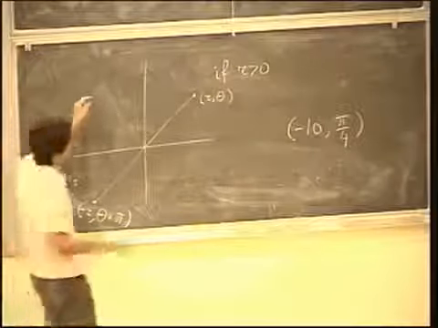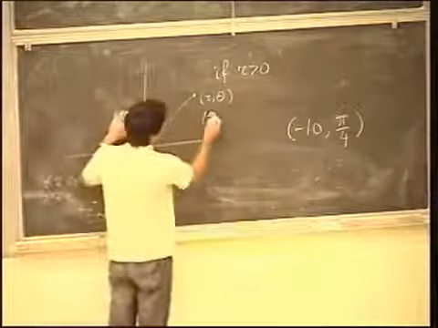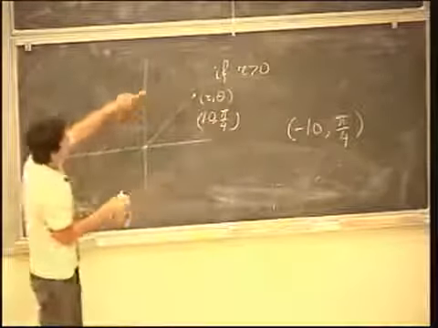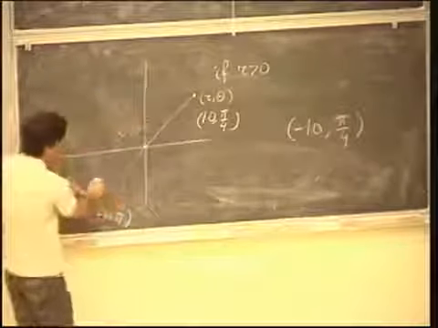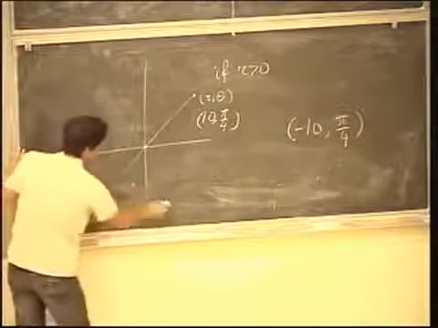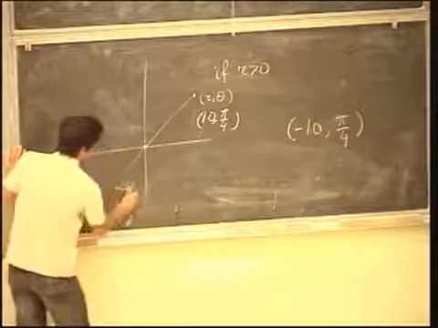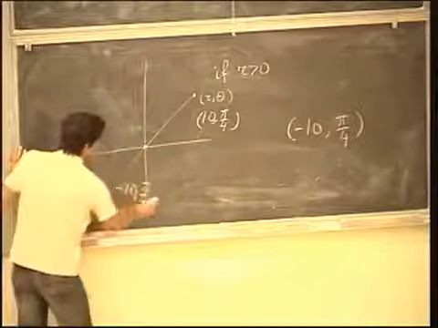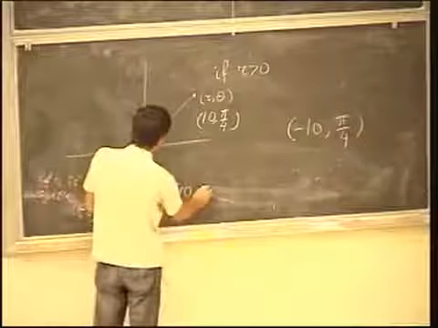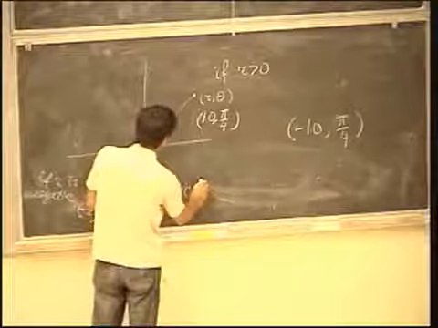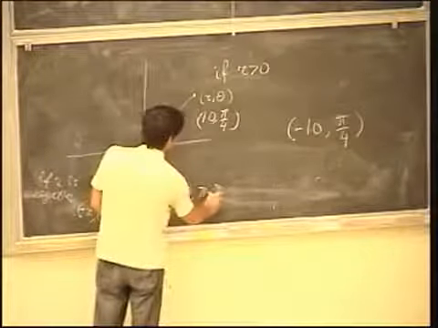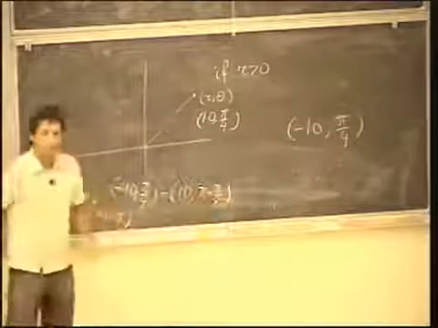So in particular, if you have 10, pi over 4, it will be here. But minus 10, pi over 4 will be here. This is going to be the point 10 and pi plus pi over 4, which is 5 pi over 4. Okay? It's like this.